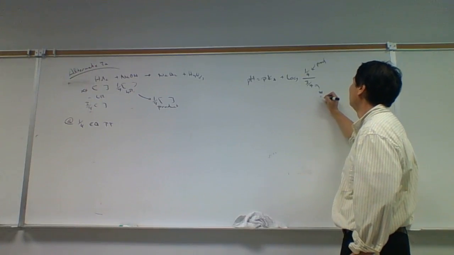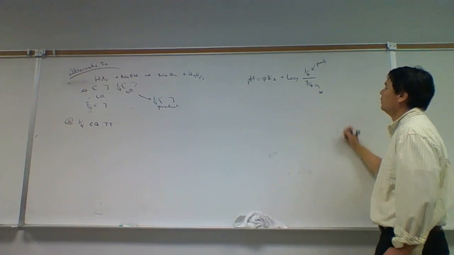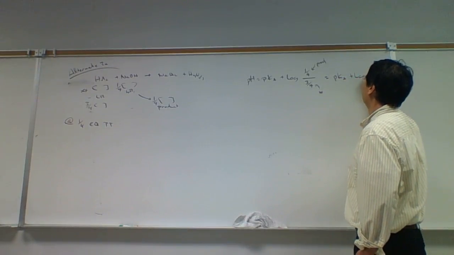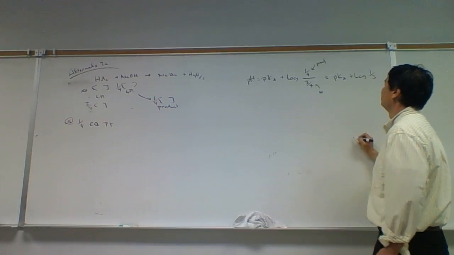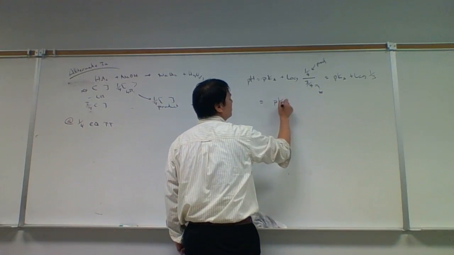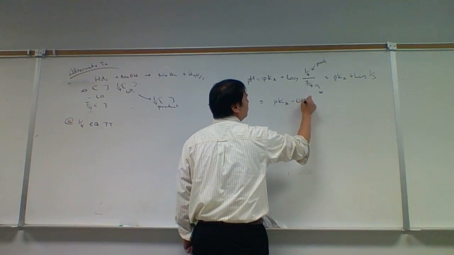This is the excess remaining. Well, that's just equal to the pKa plus the log of 1/3. The log of 1/3 is just minus 0.477, so this comes out to pKa minus 0.477.